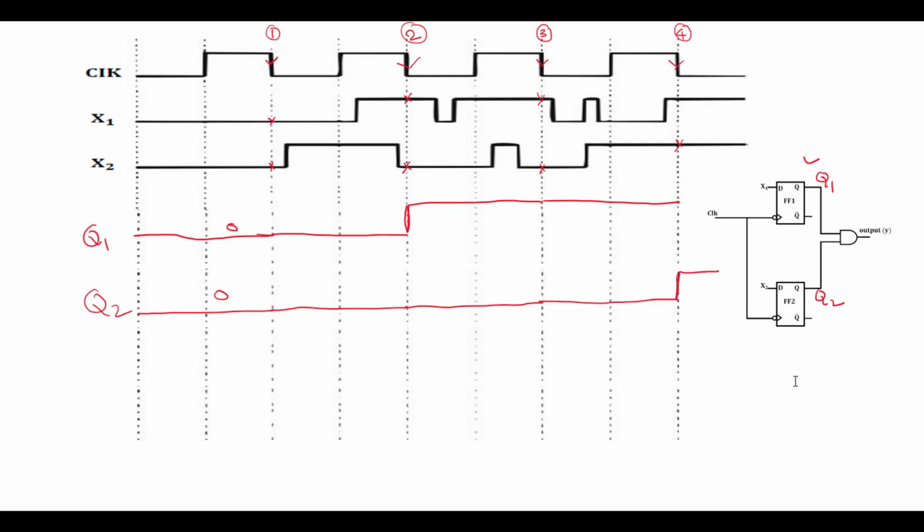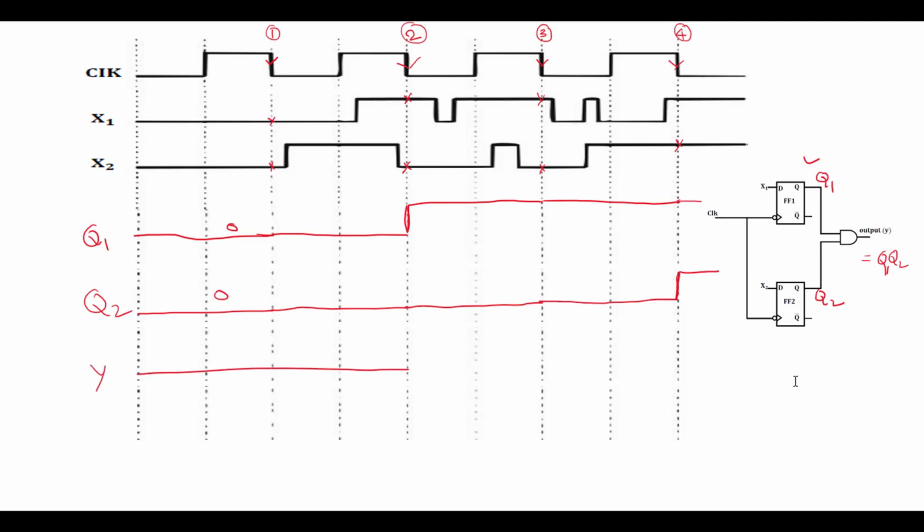The output Y is simply the AND operation of X1 and X2. When you perform the AND operation between X1 and X2, here logic 0 means the output Y is logic 0.